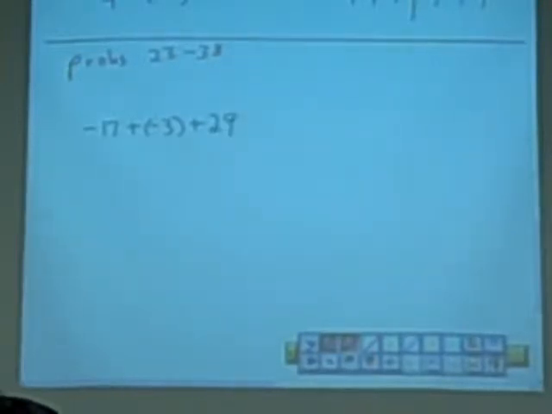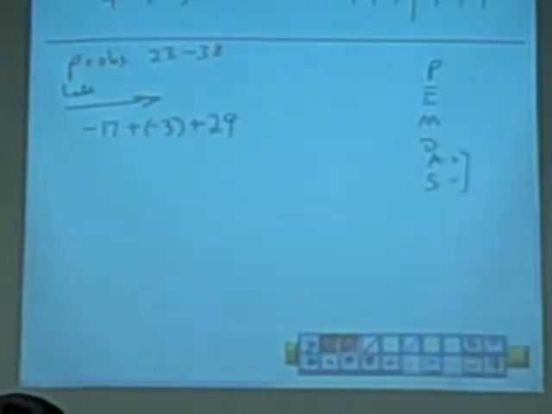Now with integers especially, it's extremely important that you're going from left to right. Remember the order of operations, where we had our mnemonic device, and we call it PEMDAS. You get down to addition and subtraction, and we said that they're equal. You have to look at going from left to right.